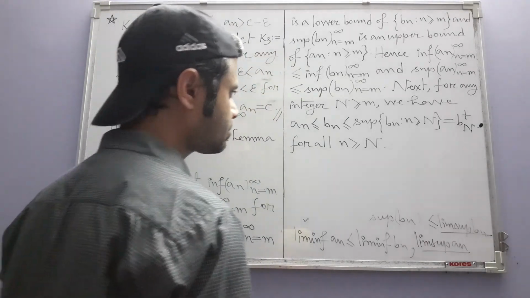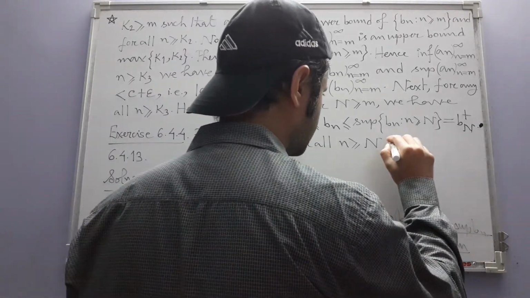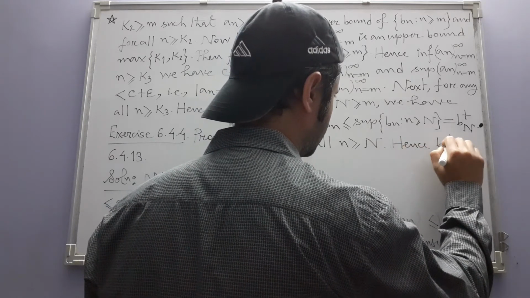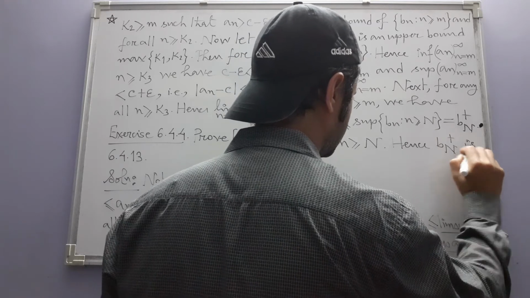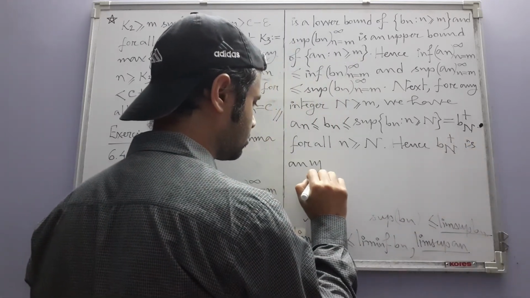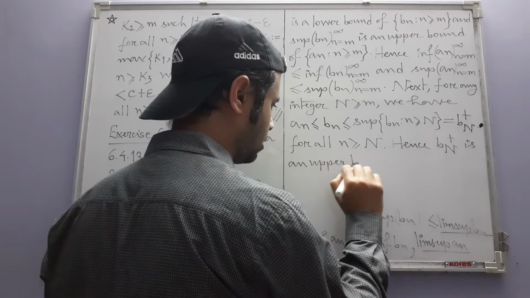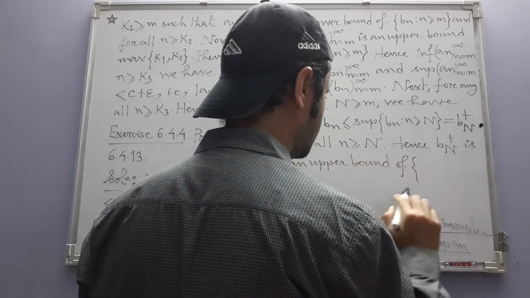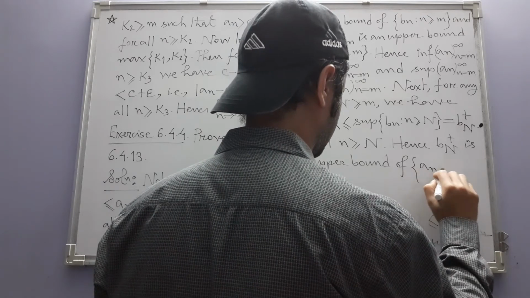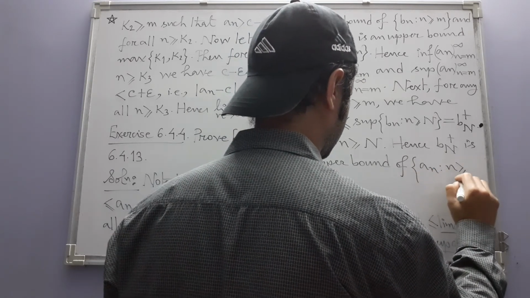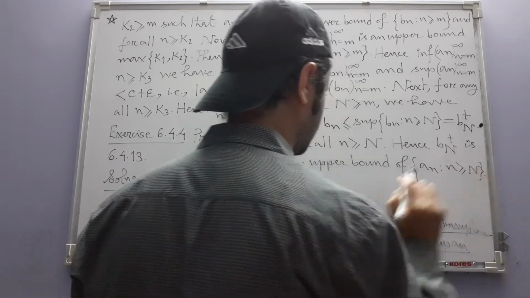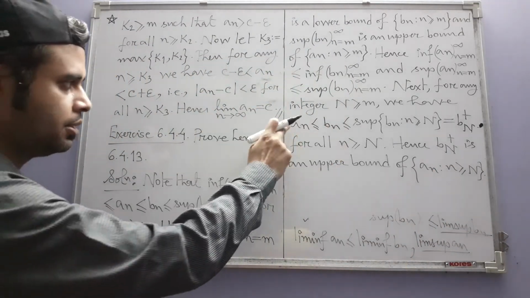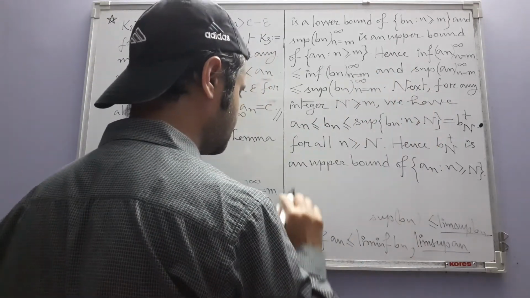Okay, hence b capital N plus is an upper bound of this set. We can clearly see that from here, An is less than or equal to this.